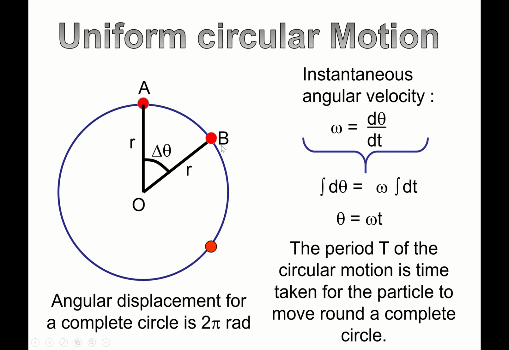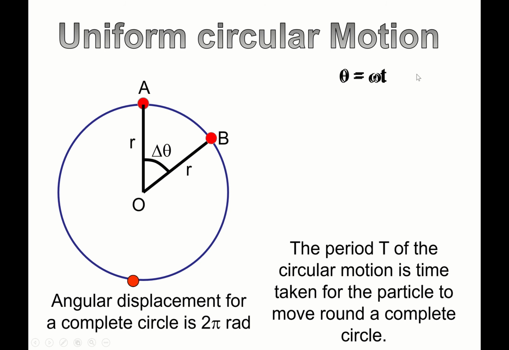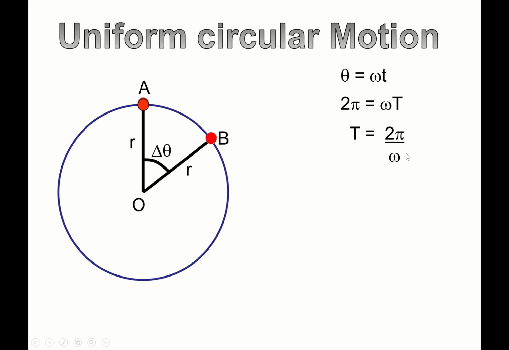So substitute into the equation above. Theta equals 2 pi radian and the time taken for a complete circle is T, the period. So T equals 2 pi per omega.